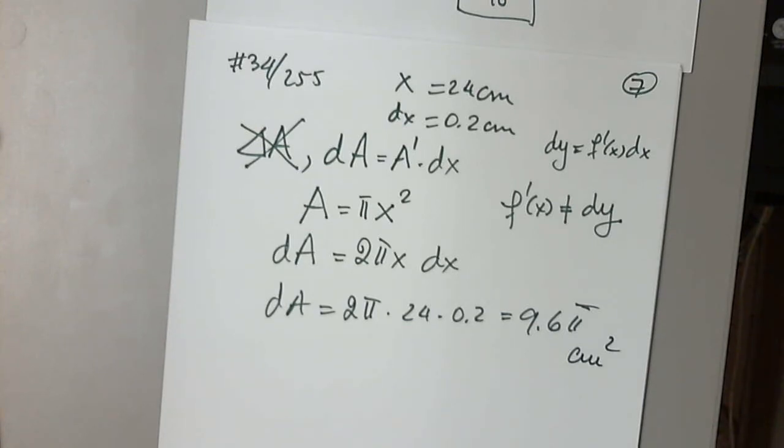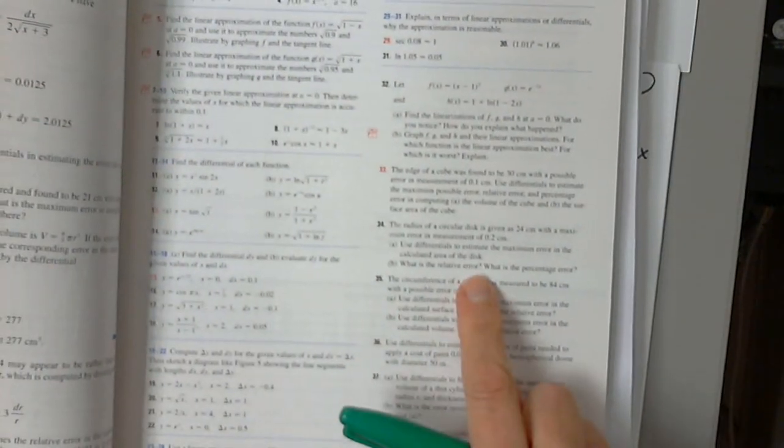Part B. What is the relative error and the percentage error? Okay.